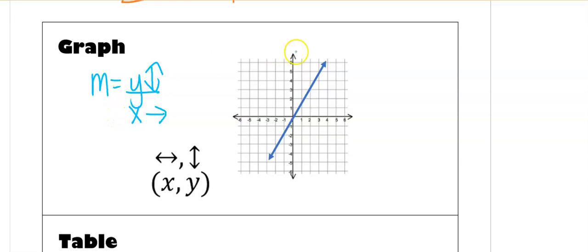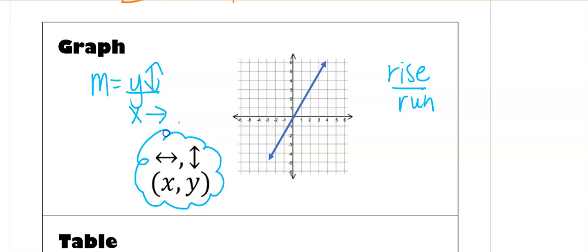The other thing a lot of us like to call this is rise over run. And I'm okay with whichever way you need to do it. So the first thing I always like to remind you guys, the point is x comma y. So it's sideways, then up and down. So anytime you guys are graphing, I expect to see these two things on your paper because they kind of work in the opposite way. So it's important to remember.